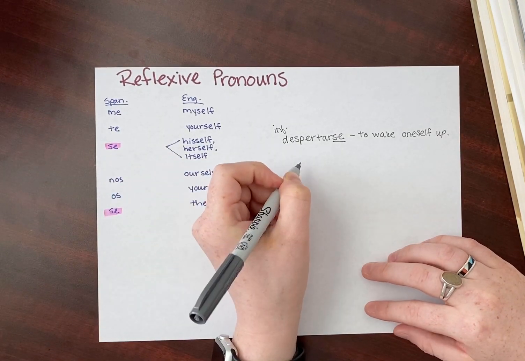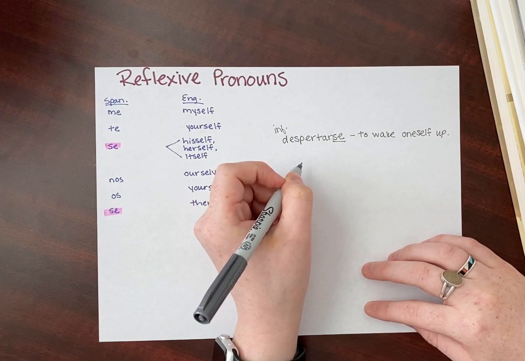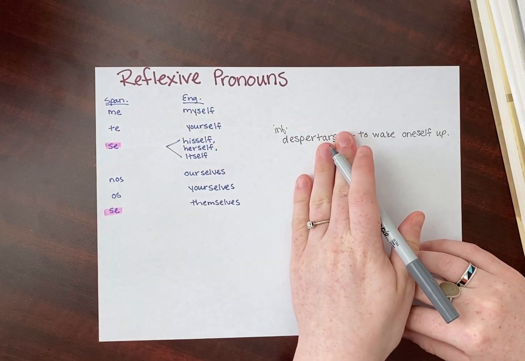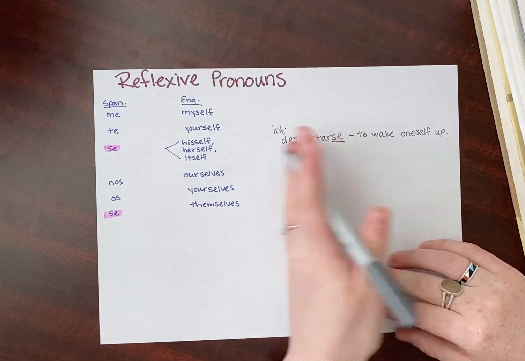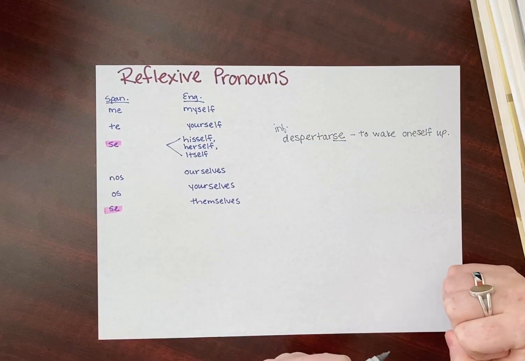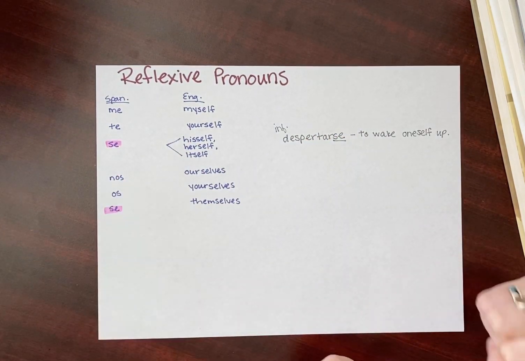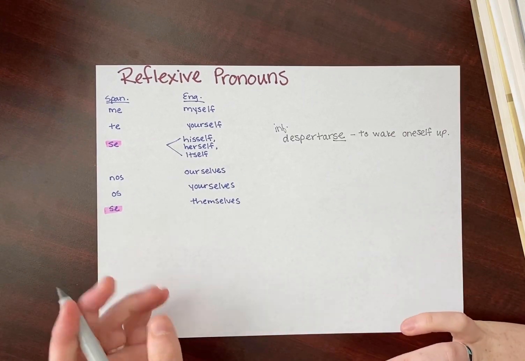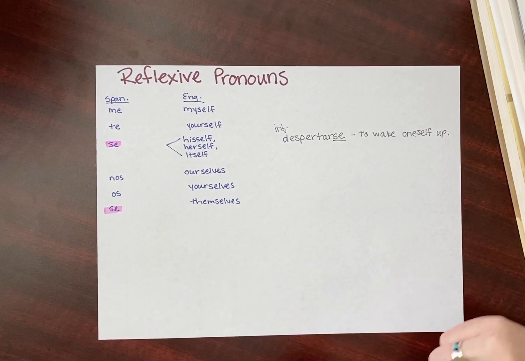So now we're going to look at how we form this reflexive pronoun plus the infinitive reflexive verb to make a sentence that says, I see myself or I see him, as we looked at in the previous video.